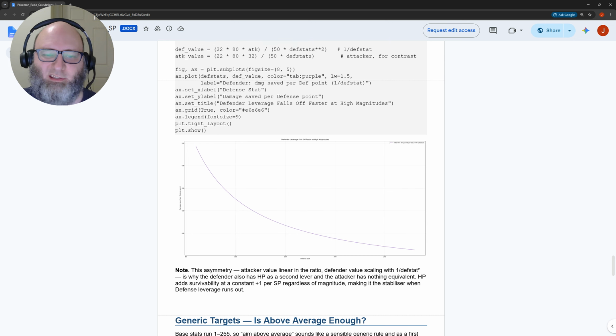So this asymmetry, attacker value linear to the ratio, defender value scaling with 1 over def stat squared, is why the defender also has HP as a second lever and the attacker has nothing equivalent. HP adds survivability at a constant 1 hit point per SP, regardless of magnitude, making it the stabilizer when the defense leverage runs out.